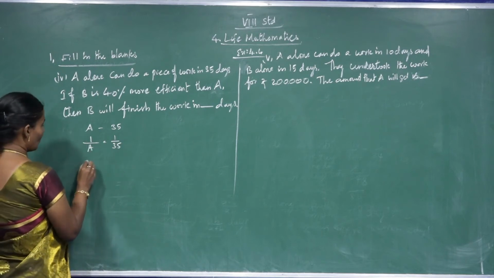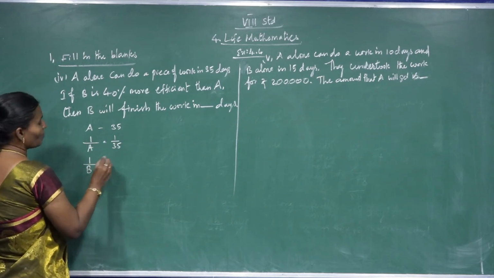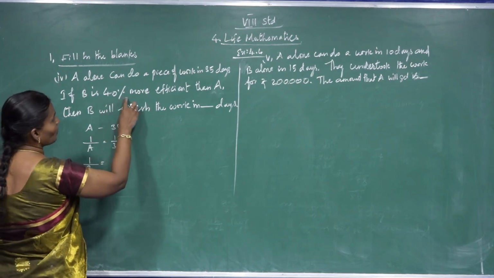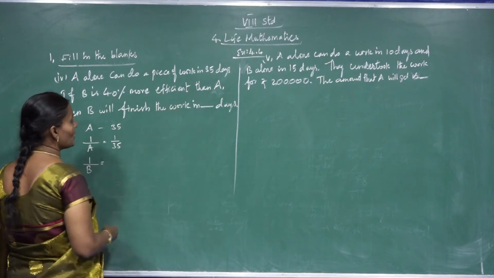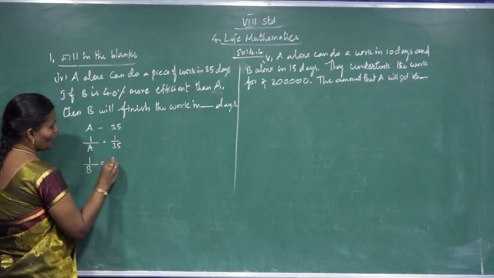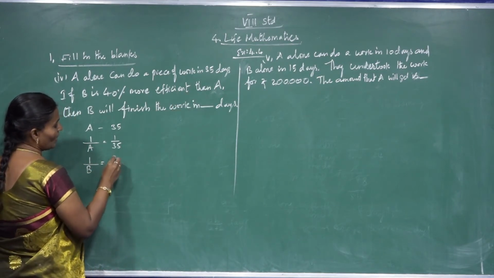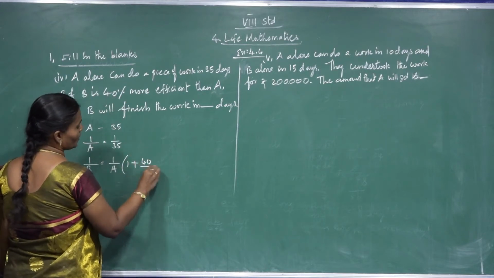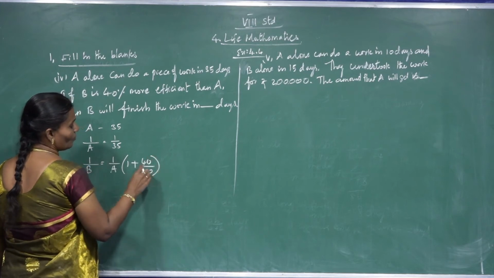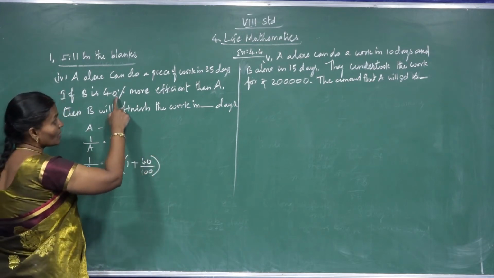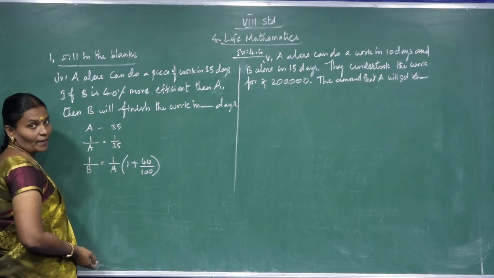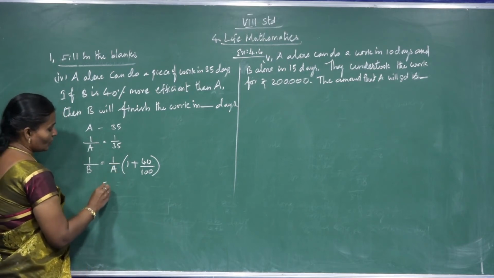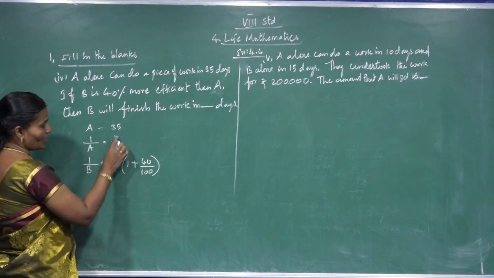Now we find out the 1 by B. We write 40% more efficient than A, so 1 by B is 1 by A of 1 plus 40 by 100.